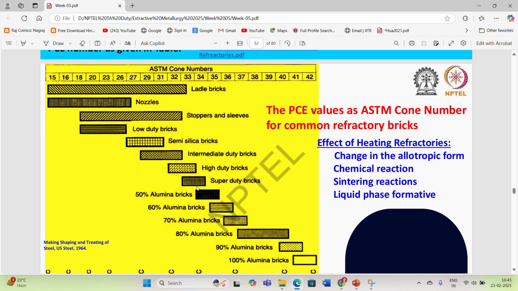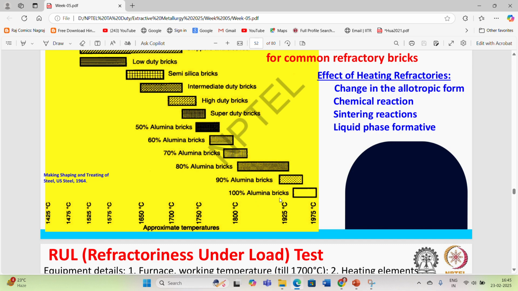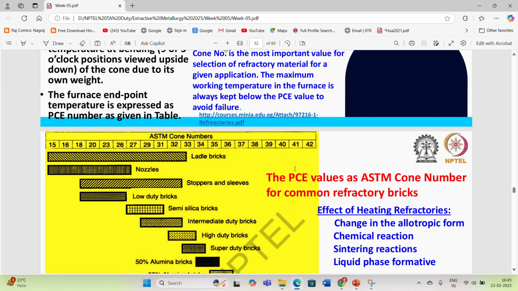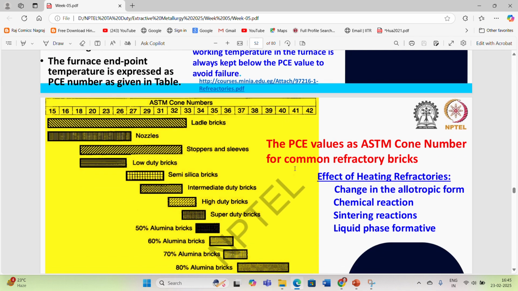For the different compositions we have different ASTM code numbers, with the help of which we can calculate the PC value of any material. Like alumina bricks having 100% alumina content can sustain a temperature of around 1975 degrees Celsius and have an ASTM cone number of 42.